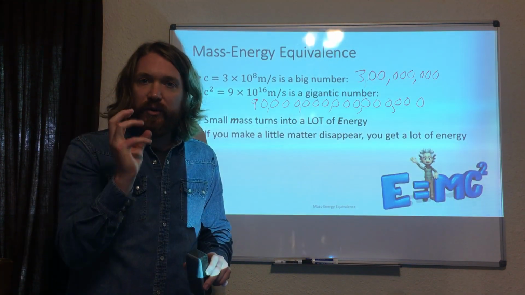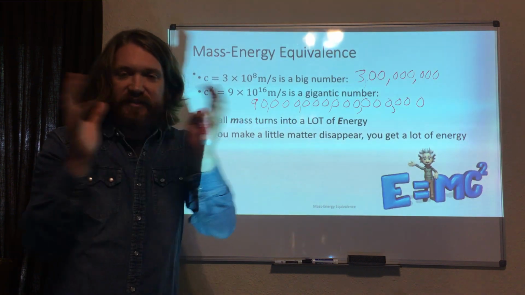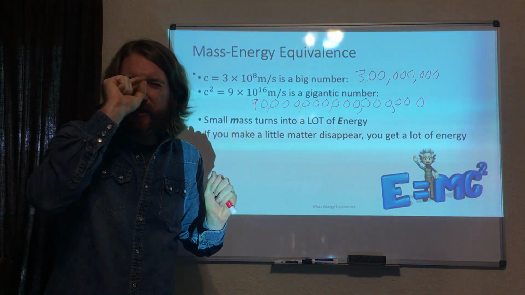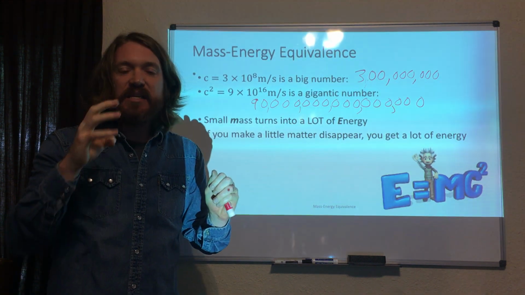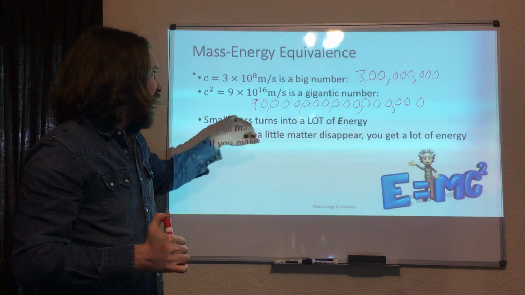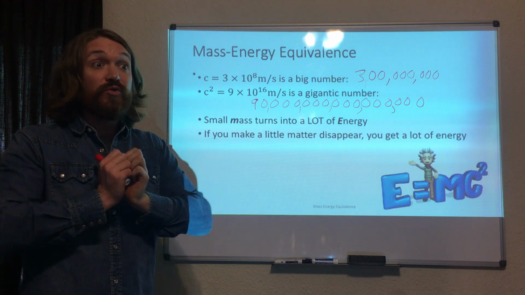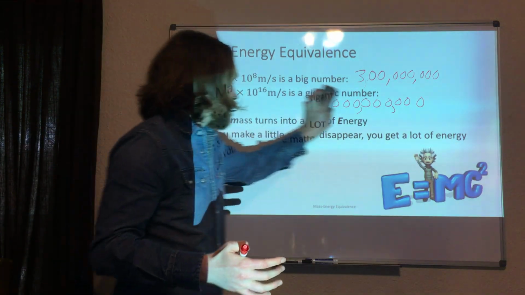So the reason that nuclear reactions are so strong, okay, is because you're taking an atom, let's say fission, you take an atom, you split it apart, okay, and a small little tiny fraction of that atom turns into energy. Even though that amount of mass is so small, you're multiplying that mass by 90 quadrillion, which means you're releasing an insanely large amount of energy, okay?